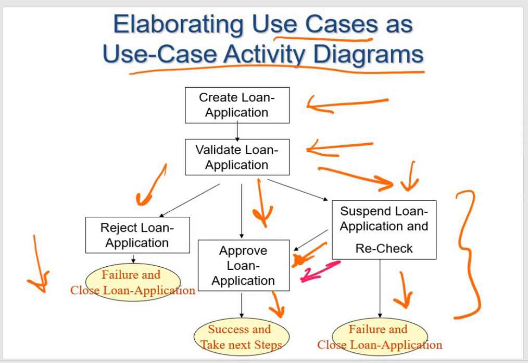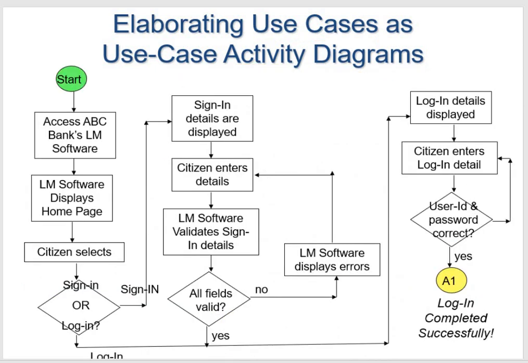That means after suspension I got some inputs, so once again I can approve it. So what I have done here is the elaboration part. There are possibilities that from here also I can approve it or I can close it. So on one side I can go ahead with approving the loan application, or else I'll close it.